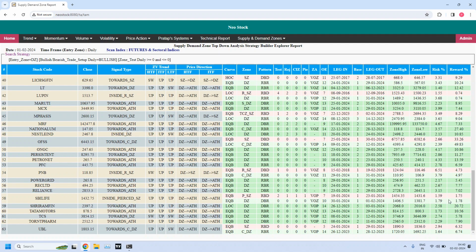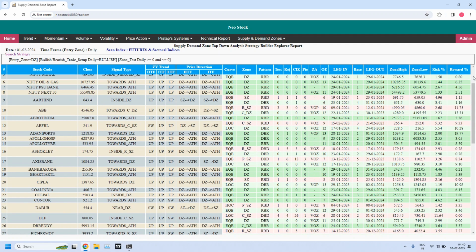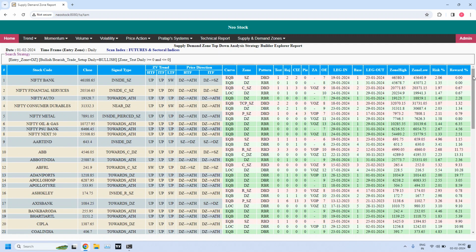It is difficult for us to study all these 63 stocks. Okay, for that, what is the best parameter you have to look for? Because why are we doing all this with stocks? To get better profits. There should be a good profit margin. That means there should be a good reward. What about risk? Risk at least you can manage by fine tuning the zone.